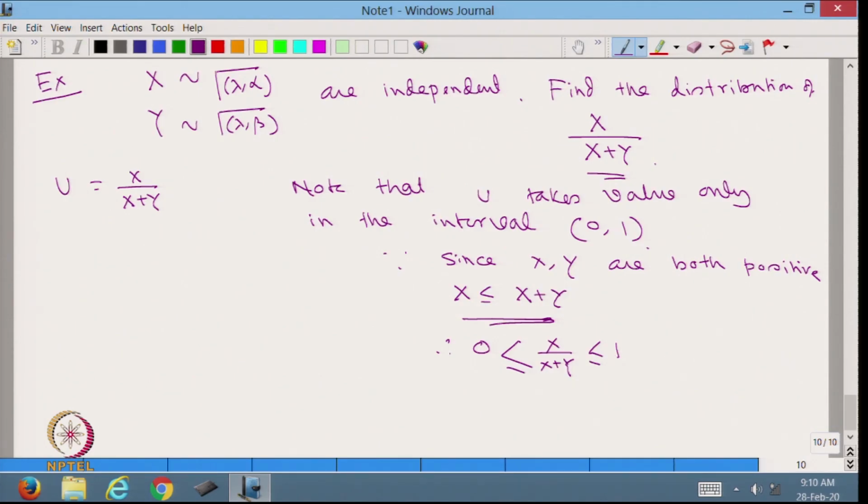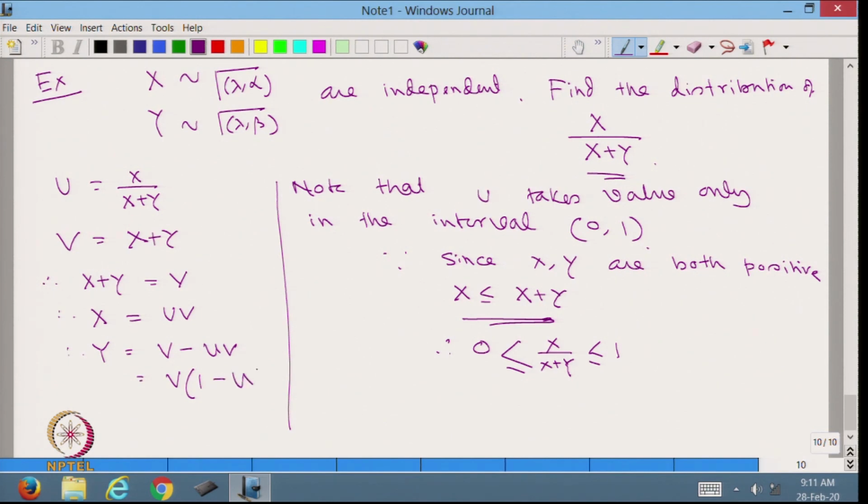Let us consider v is equal to x plus y. Therefore, x plus y is equal to v, so x is equal to u v, and y is equal to v minus u v, which is equal to v into 1 minus u.